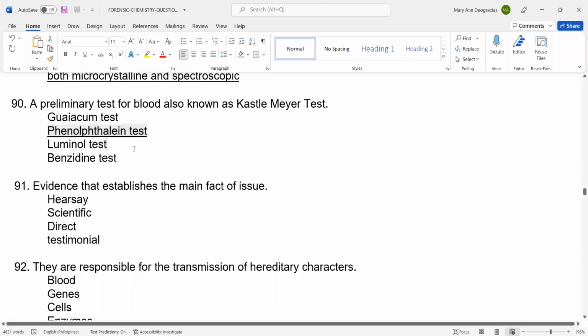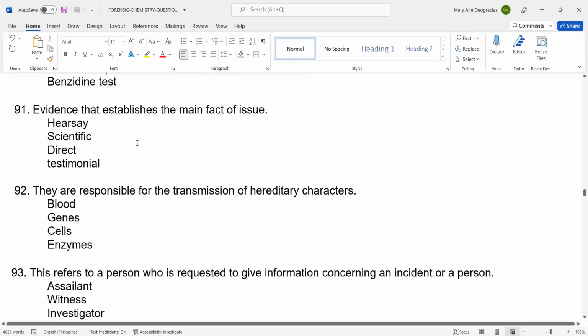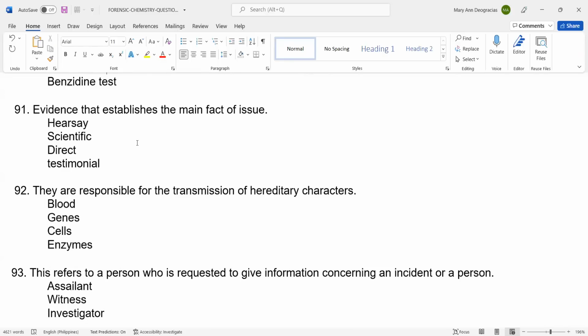Okay. Evidence that establishes the main fact of issue. Is it hearsay, scientific, direct, or testimonial? Answer is letter. Okay, letter C. So it's direct.